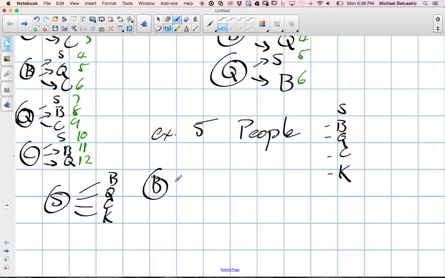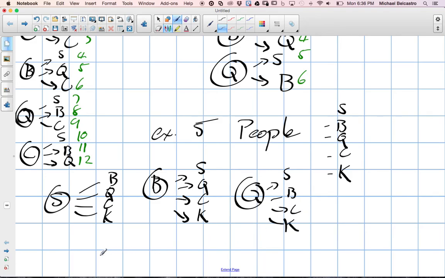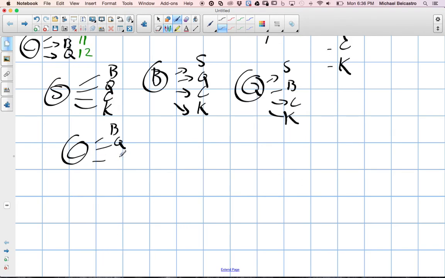Bob can give cards to Sandra, Quincy, Chris, Kyle. Quincy can give cards to Sandra, Bob, Chris, Kyle. Chris can give cards to Bob, Quincy, Sandra, Kyle. Kind of in a funny order. And then Kyle can give cards to Sandra, Bob, Quincy, and Chris.